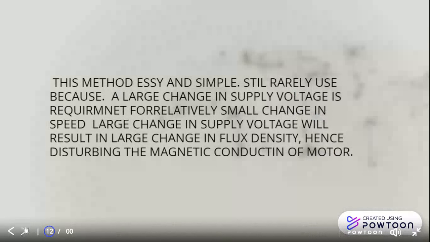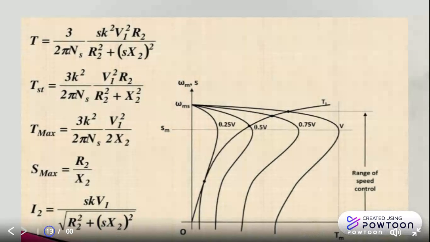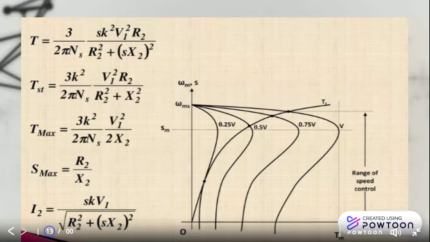So this method is rarely used. Now, from the graph obtained from the induction motor, we can calculate its running speed and various components such as starting torque, ending torque, etc.